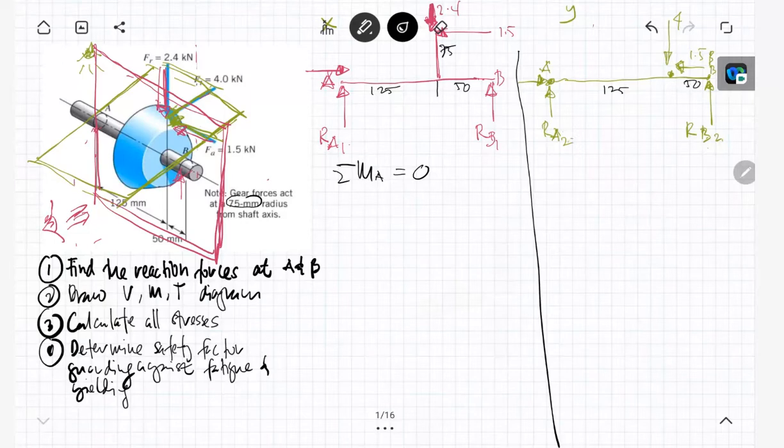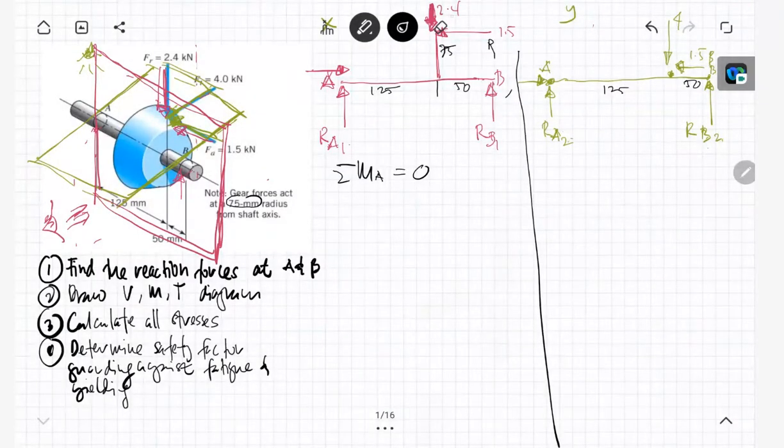So moment, daripada sini we will get this RB1. RB1. So RB1 in this direction. And 1.5, the same direction with RB1.